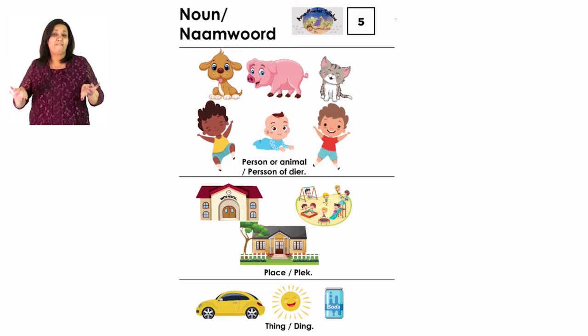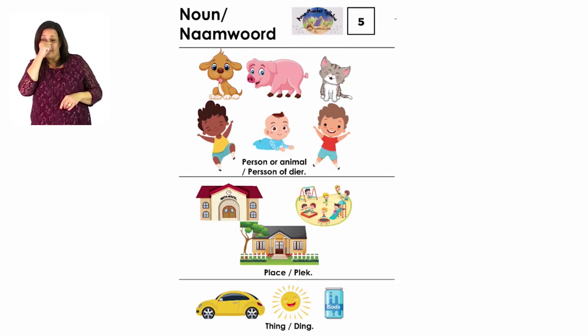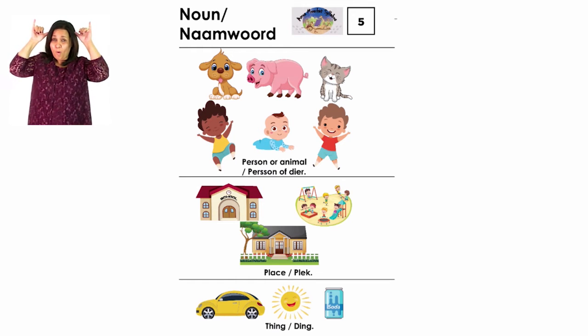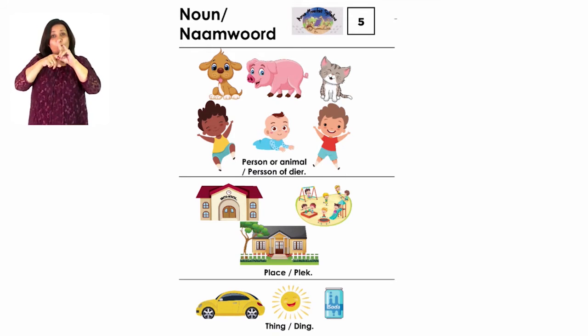We find a dog, a pig, a cow, a donkey, a cat, a horse. So all those are names of animals. There are so many other different kinds of animals that we can find, not only farm animals.